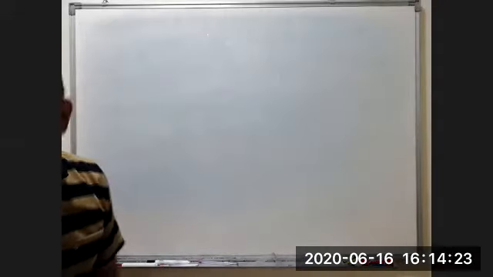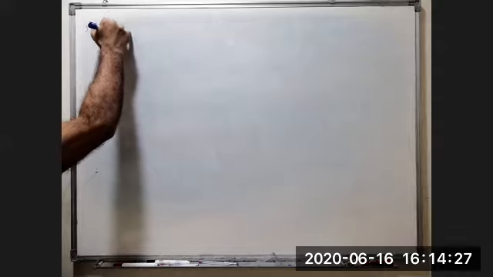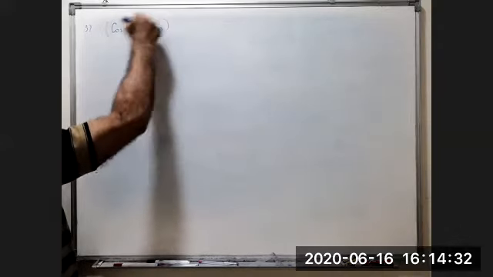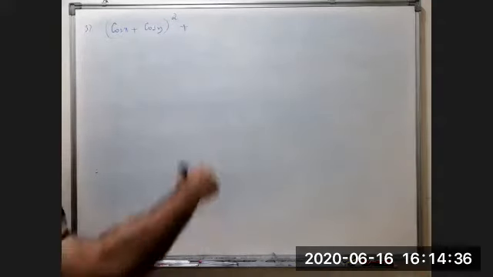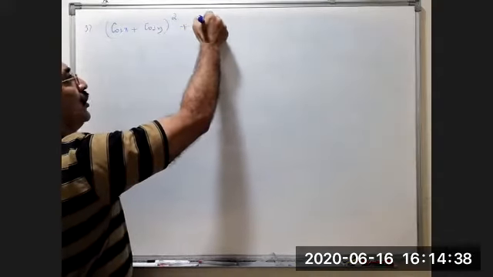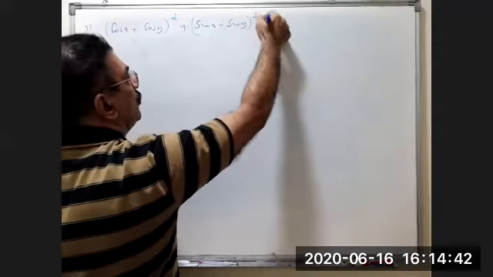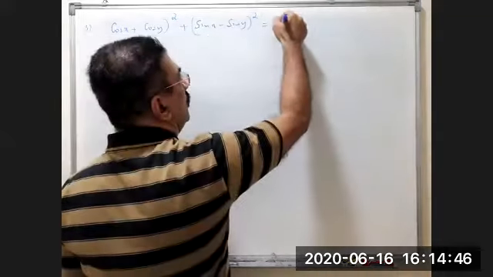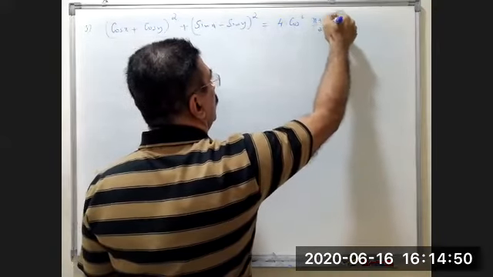Next, question number 3. Cos x plus cos y the whole square plus sin x minus sin y the whole square is equal to 4 cos square x plus y by 2.